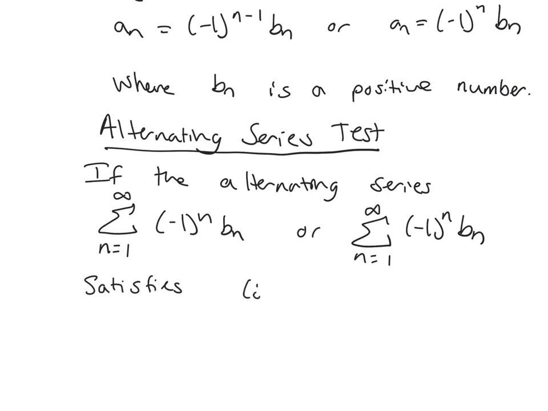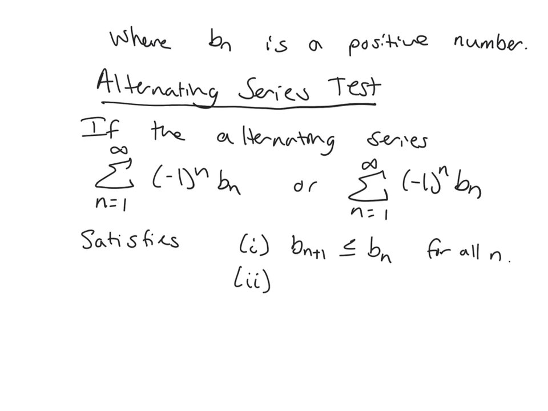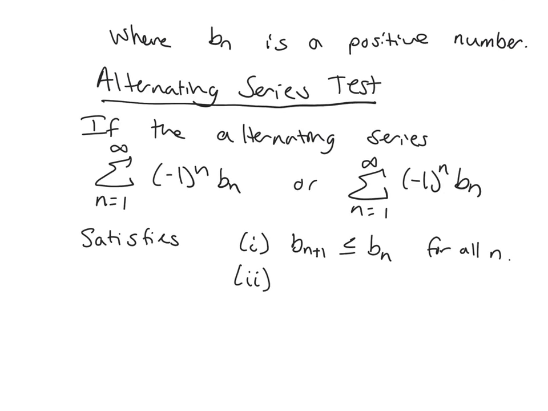The first one is that the positive terms, the b sub n's, the positive part of your alternating series, has to be decreasing. And then the second part is that the limit of this positive part is also 0.